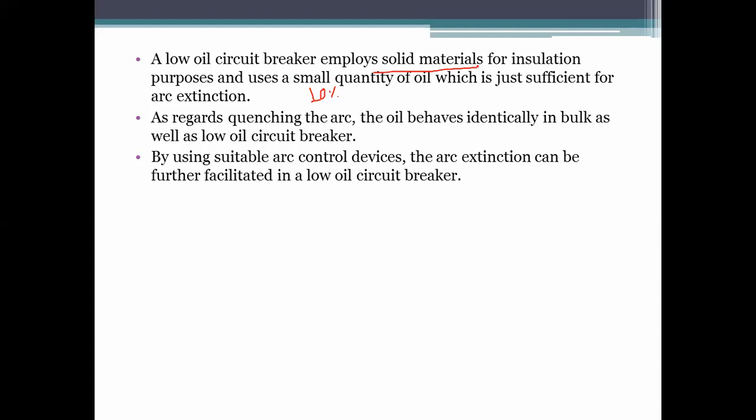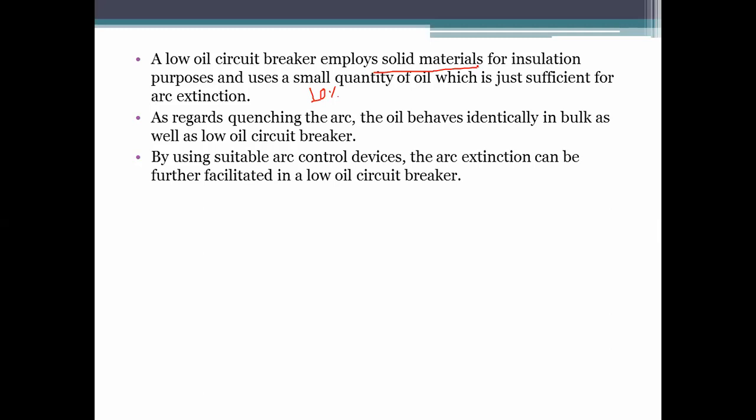Now as regards quenching the arc, the oil behaves identically in bulk as well as low oil circuit breakers. Okay, so means the process is same because we are using oil as an arc quenching material, and by using arc control devices, the arc extinction can be further facilitated in the low oil circuit breakers.